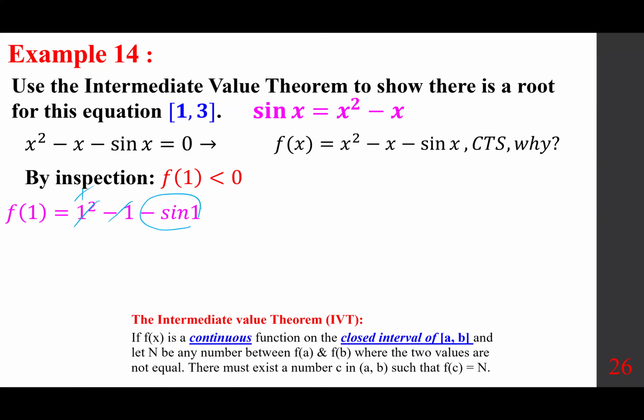Negative sine 1. 1 is 1 radian, about 57.3 degrees. You don't even have to know what it is to know that this is negative, everybody. This value minus sine 1 makes it negative. So f of 1 is negative.